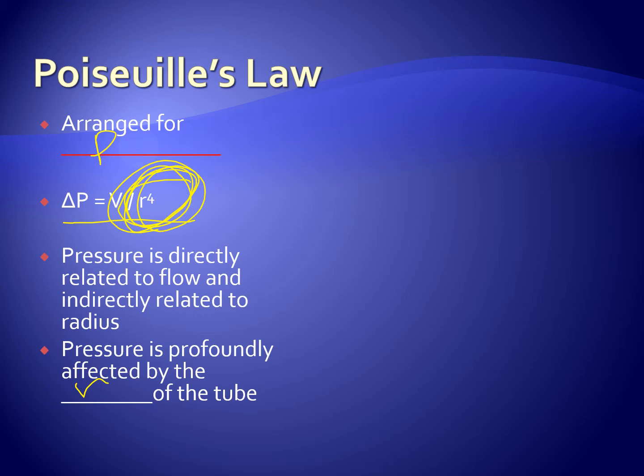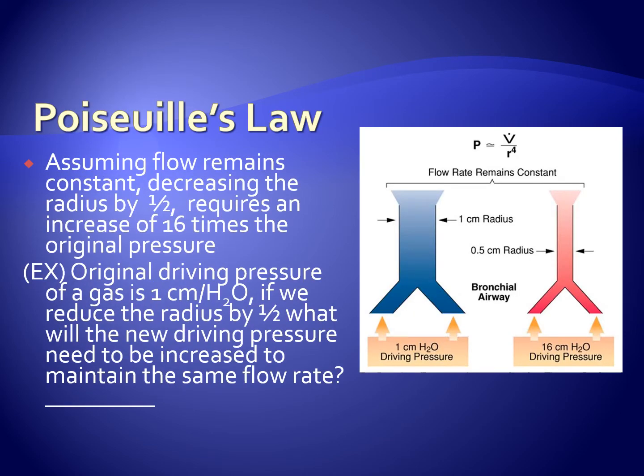So let's get to the example here. So assuming flow remains constant, if we decrease the radius by half, we go from 1 centimeter, if you're looking at the picture here, 1 centimeter to a half centimeter. Okay, so here we're going to draw our milkshake with our straw. With an even smaller straw, that's a smaller straw.